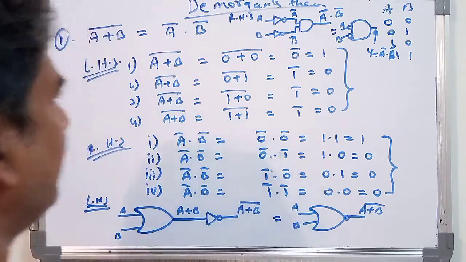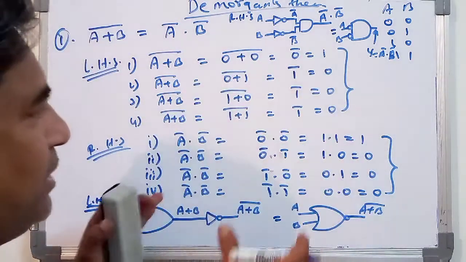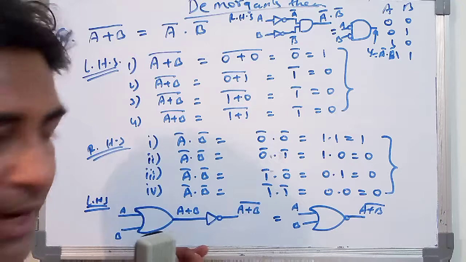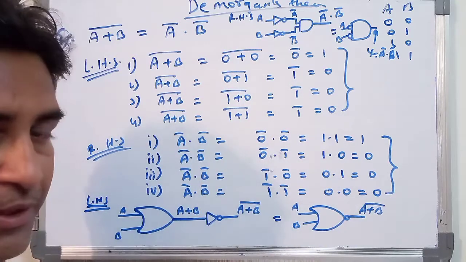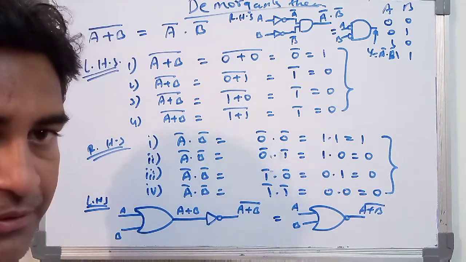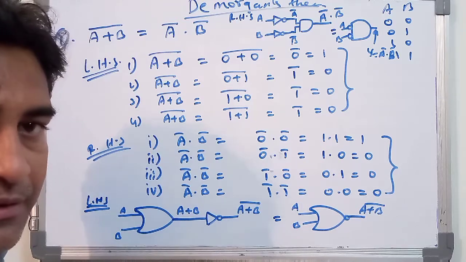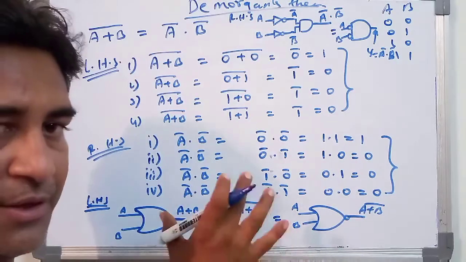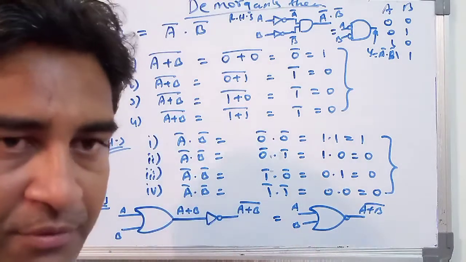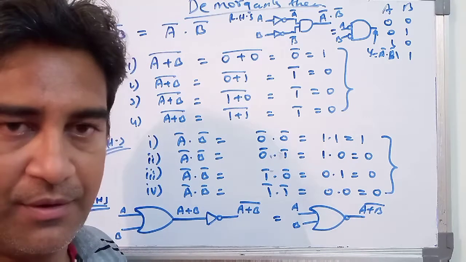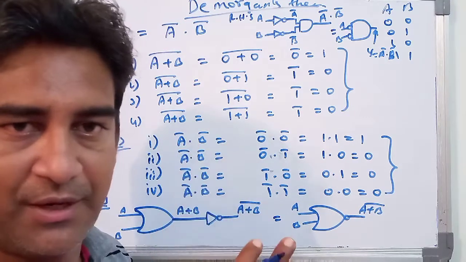Okay, this is all about the theorem, and this is all about the proof. In a truth table, we have to consider the values stepwise. First you have to write down the statement of De Morgan's first theorem.